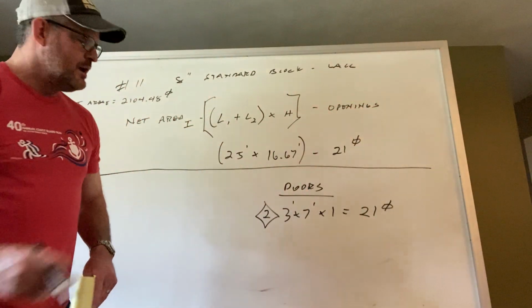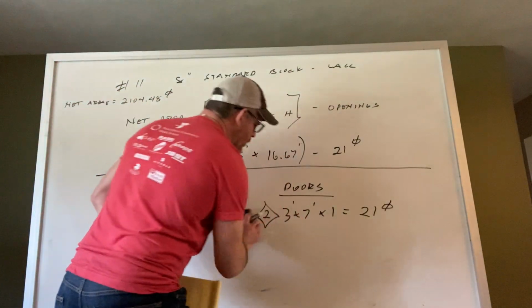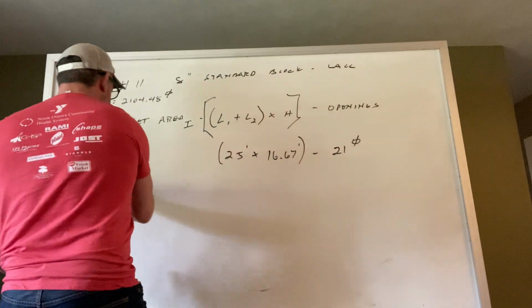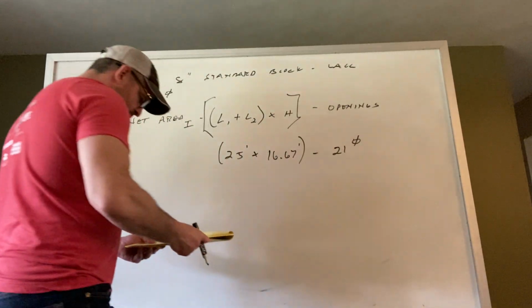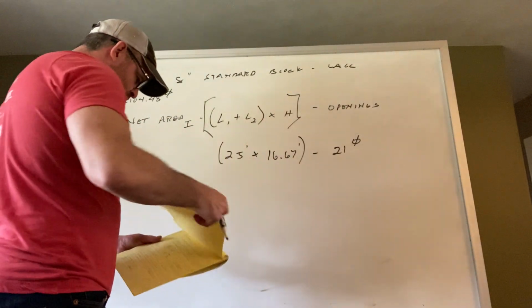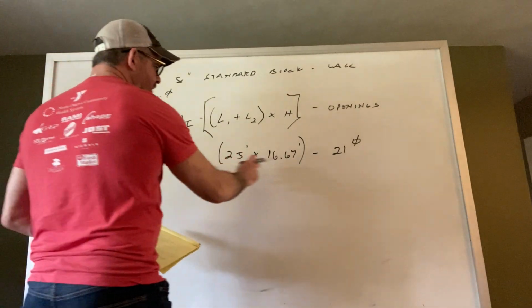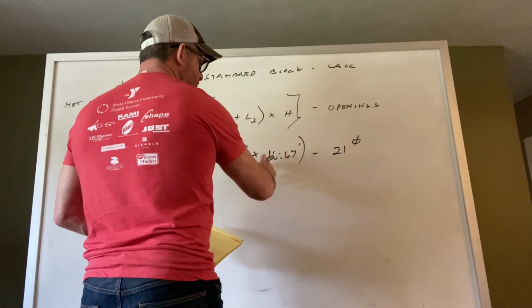So again, you can see how we're just sequentially walking through each one of these steps. So I go ahead and solve for that information. My 25 times 16.67 is going to give me square footage.